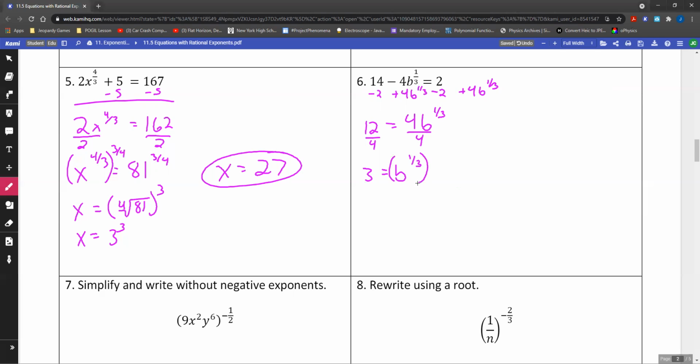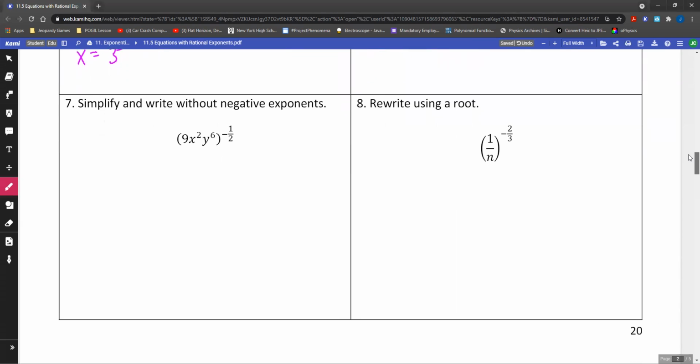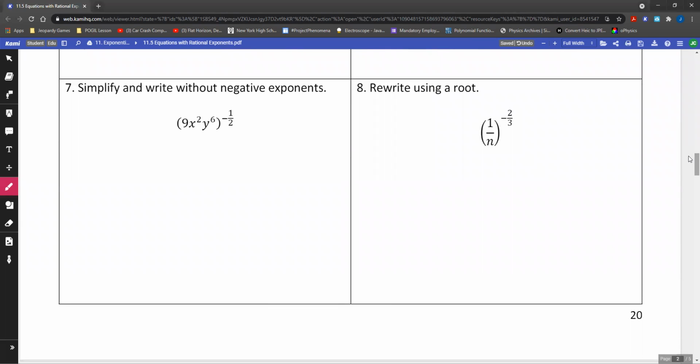Then I'm going to raise both sides to the reciprocal, which is a 3. So this ends up being 3 cubed equals b equals 27. So hopefully you should start to realize the pattern of there being a lot of 3 cubes and 5 squares and 5 cubes. So like always, you want to keep an eye out for that.